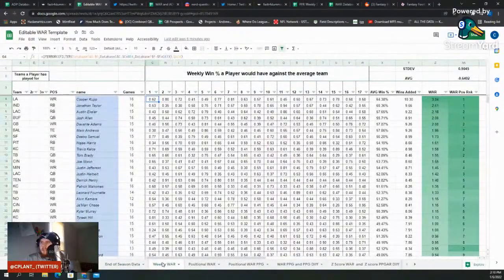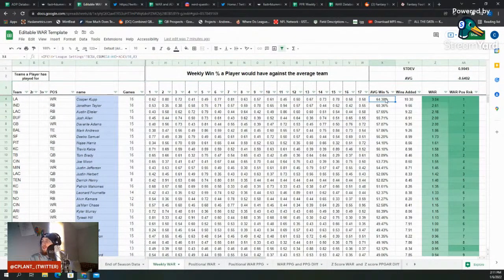I'm not 100% sure on the terminology. But then it's set up so that it takes the name from here, finds the player, and in week 1, Cooper Kupp had a 62% win probability against the average team, right? And you do it for every single week, right?